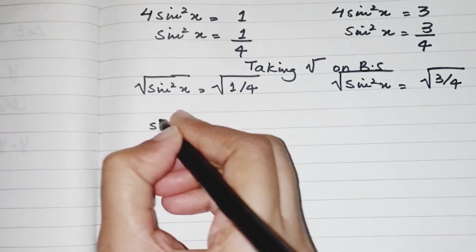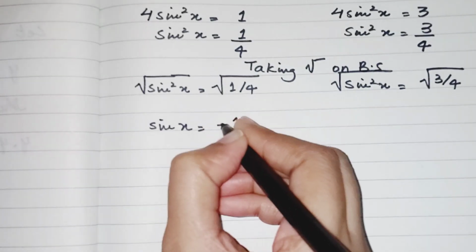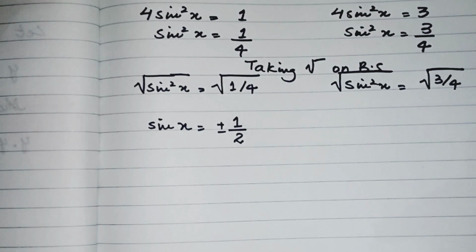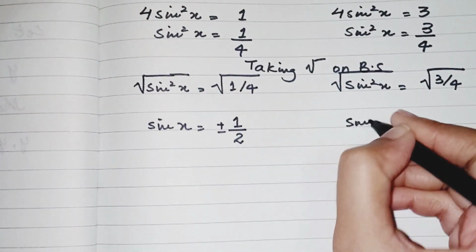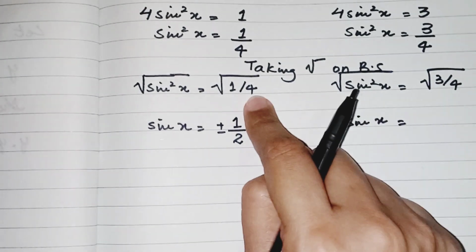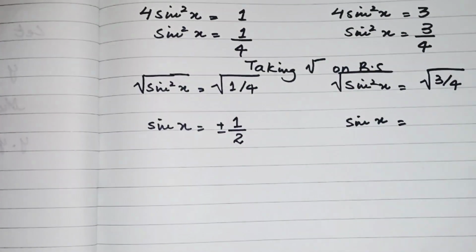So I have sine x is equal to 1 upon 2, because the root of 1 will be 1, and with the sign of plus and minus, because there is a possibility that the 4 is plus 2 or minus 2.